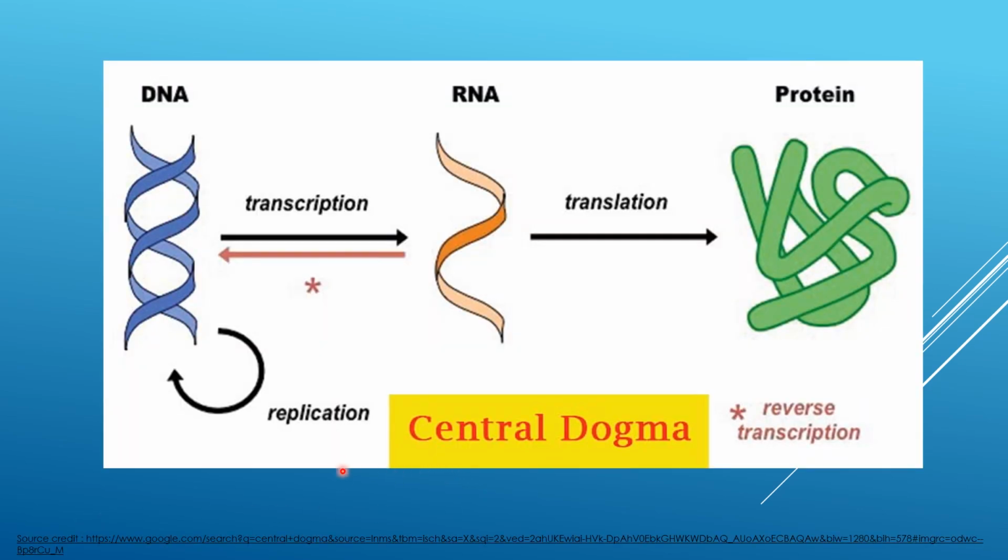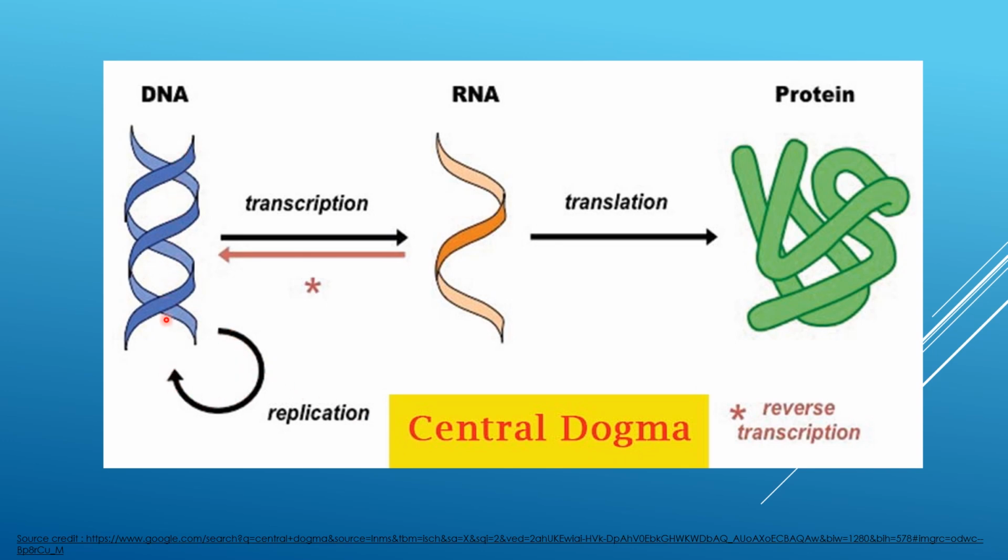Okay, coming back to the question. The question is asking which is not involved in eukaryotic translation. So this is the image. In this, the central dogma is shown. We'll discuss right from the central dogma. The central dogma involves replication of DNA.